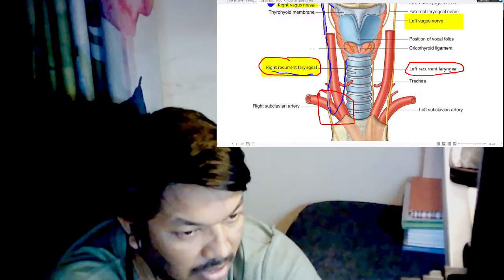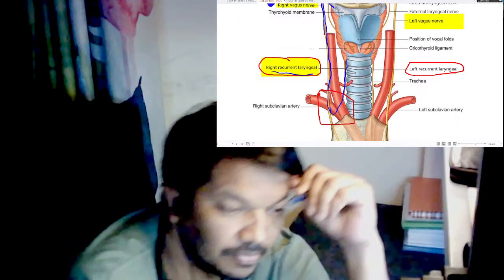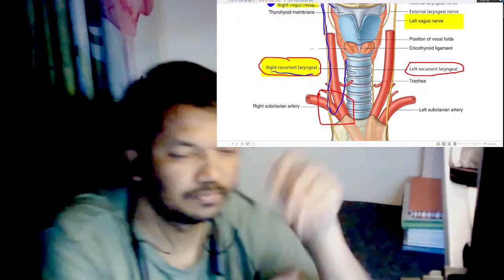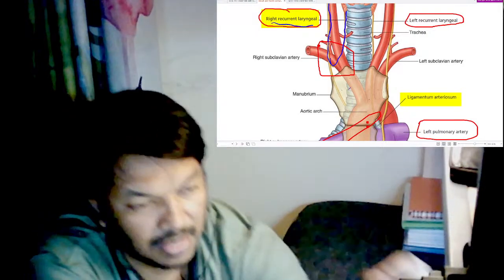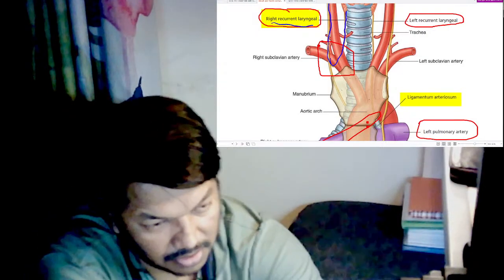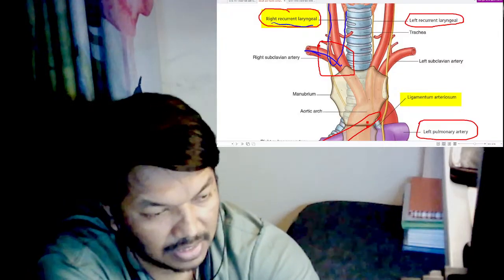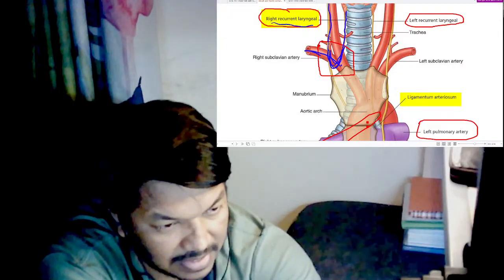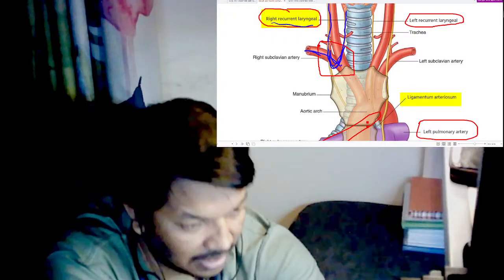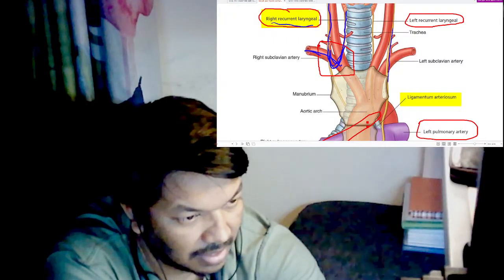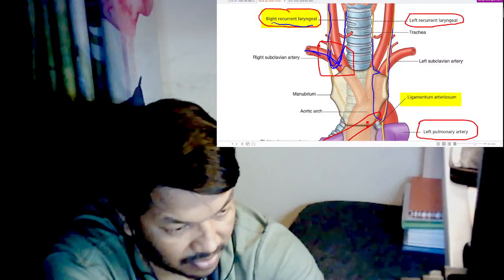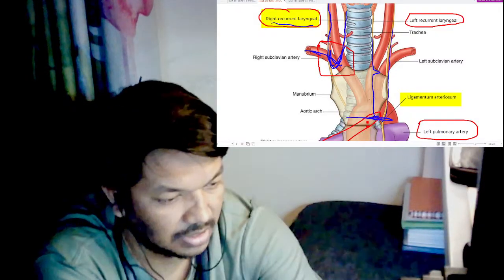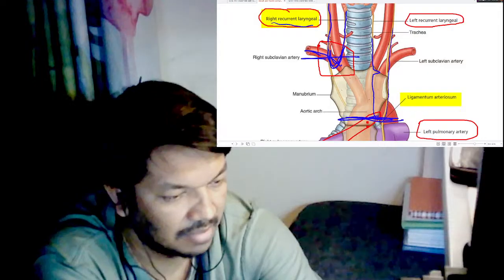Its name is the right recurrent laryngeal nerve. In the right side, it encircles the subclavian at this level, subclavian level. But in the left side, it comes down, down, down to the arch of the aorta, and then it goes up. So here its level is here, and its level is here.